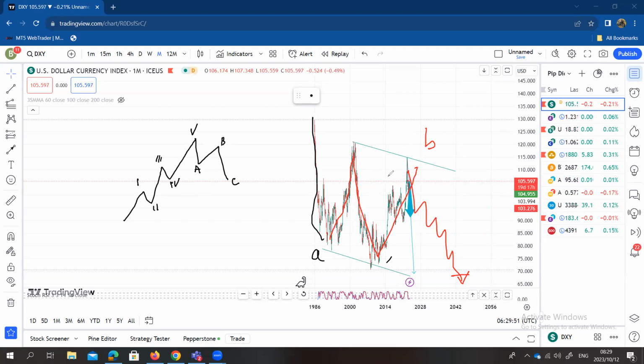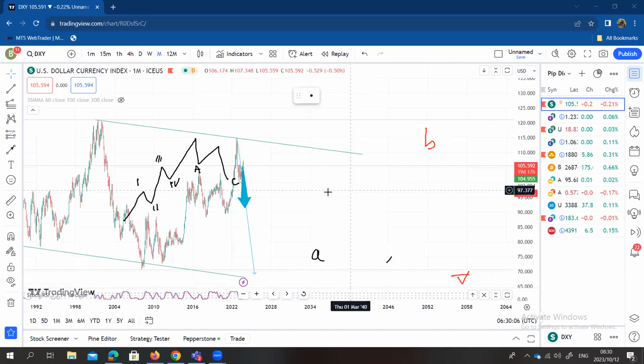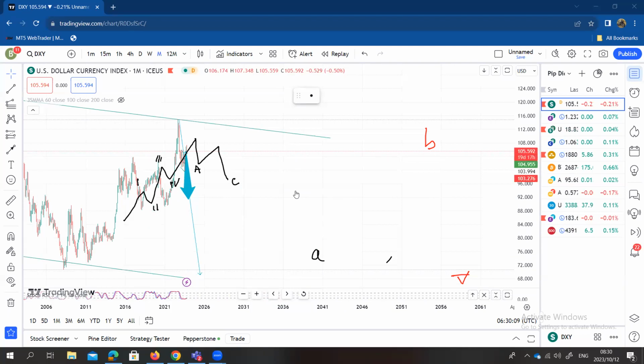This is a very, very interesting point on the US dollar pairs, as you will see when we get more into it. We are just here at this point where that B wave has just completed.